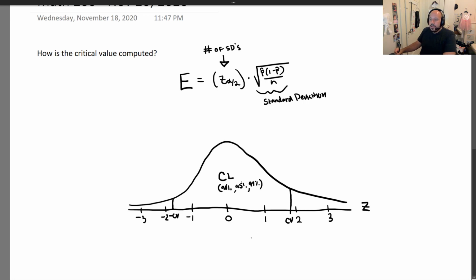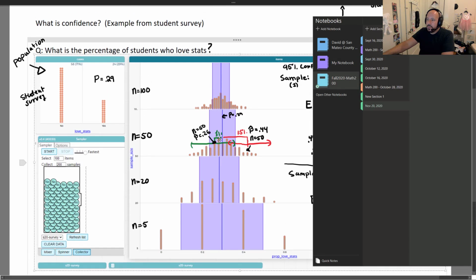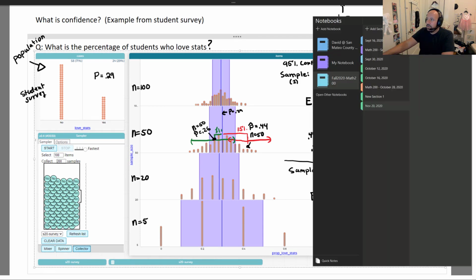We're trying to figure out how far we have to go to trap either 90%, 95%, or 99% in the center of that distribution. Or in other words, looking back at our samples, we're trying to figure out how far we have to go out before we start cutting off things that are too far to ultimately give me good estimates. Okay? All right.